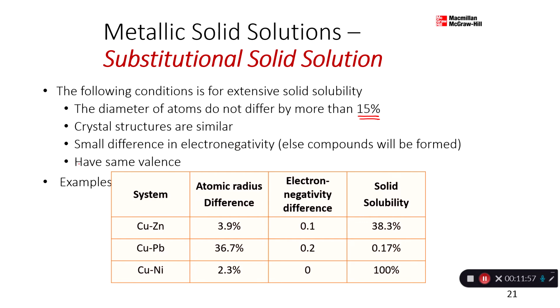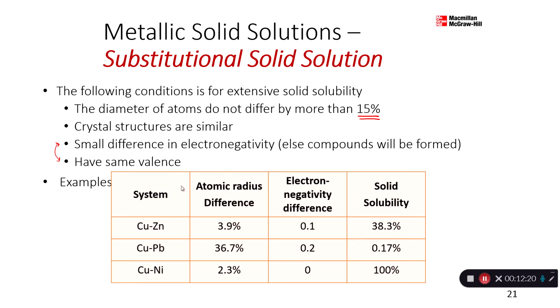And finally, they have to have the same valence. This is actually very closely related. They have to have the same valence. Valence here meaning... okay, so look at some examples.